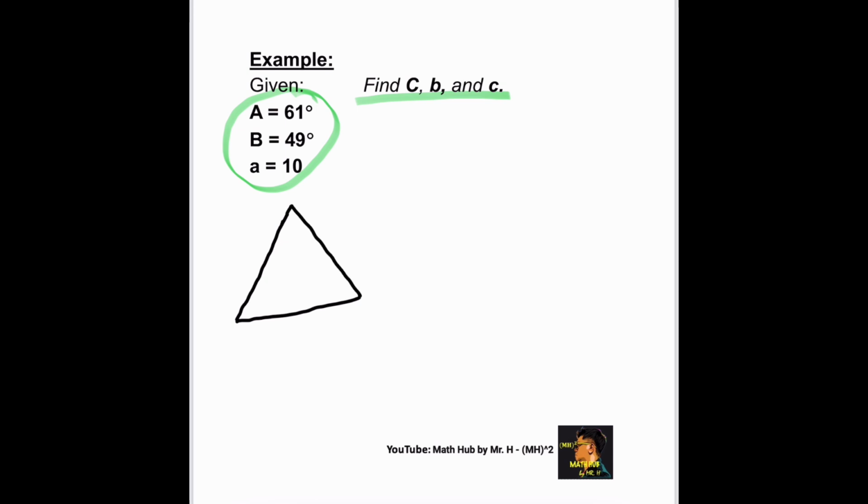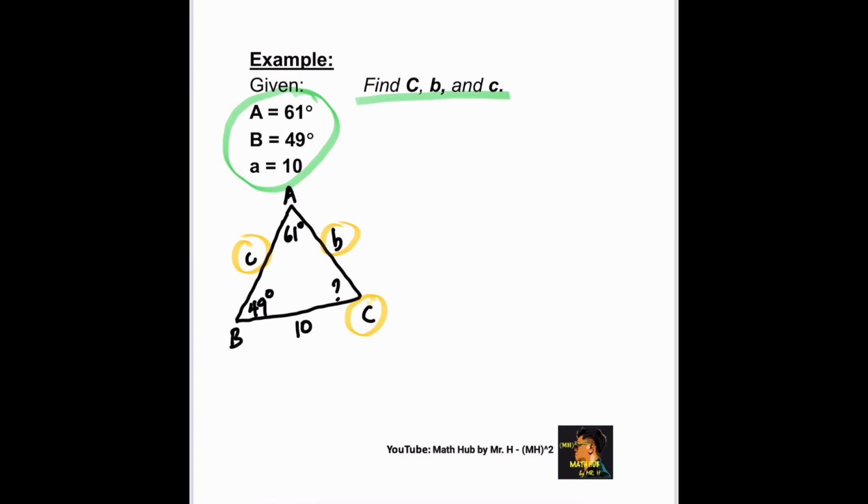Angle A is 61 degrees, this is 49 degrees, and obviously we need to look for the measure of angle C. We were also given the side opposite angle A, which is 10. And this is b and c, and we need to find the measure of these by applying the sine rule.